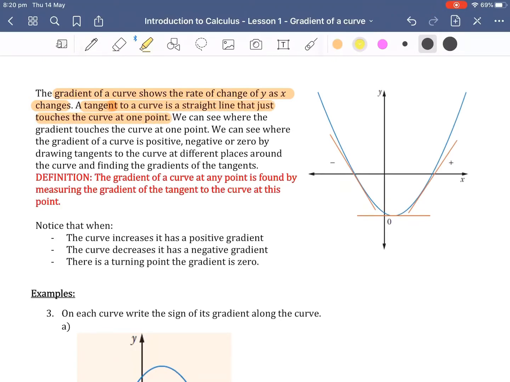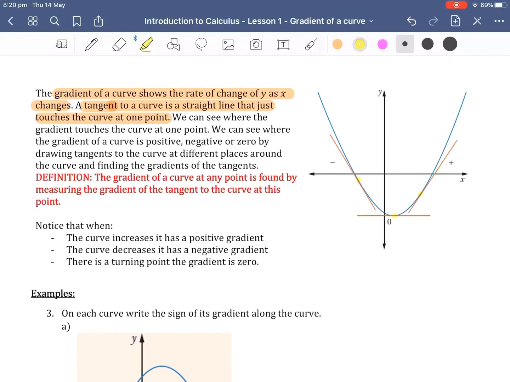Over here we have 3 tangents, 1, 2, and 3, and they touch the curve at just one point each. So we can see where the tangent touches a curve at one point. We can see where the gradient of a curve is positive, negative, or 0 by drawing tangents to the curve at different places around the curve and finding the gradients of the tangents.